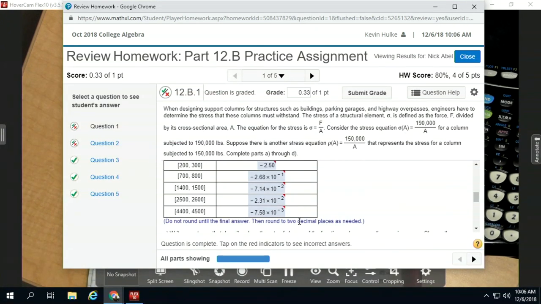So they aren't making the intervals shorter. They're keeping the same intervals. As the post gets bigger and bigger, the amount that the stress changes gets virtually nothing, right? It shrinks down to nothing. But it's always negative, which means it's always increasing.